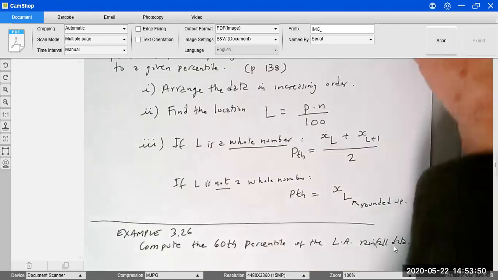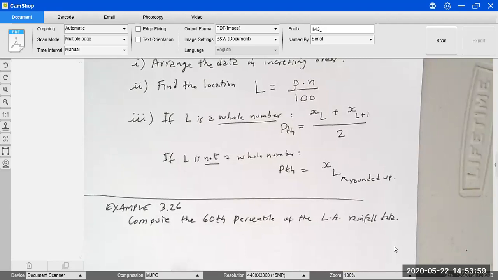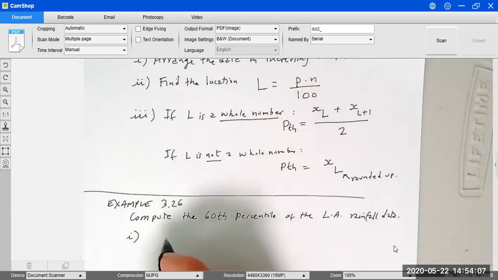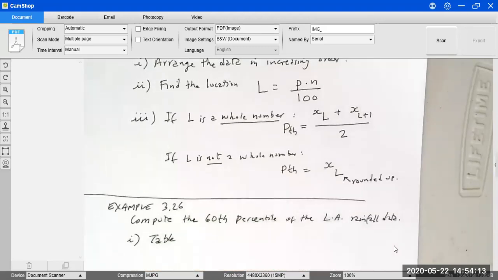So we have again the table that I showed you before with the rainfall data ordered in increasing order. So first we arrange the data in increasing order. That's table, what is the table? Let me see.